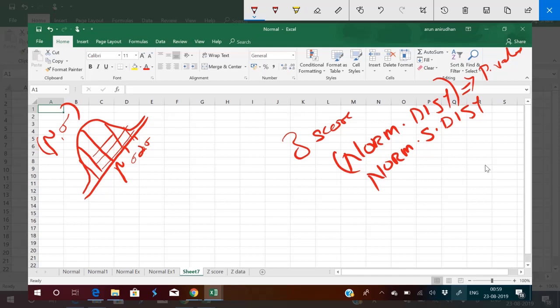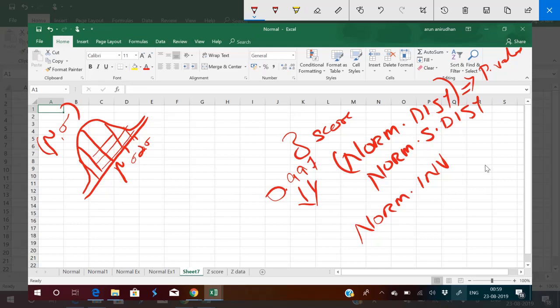Suppose you are getting a p-value as 0.997. What will be the corresponding mark? For that, there's an equation called Norm.Inv. And here also you got a p-value.